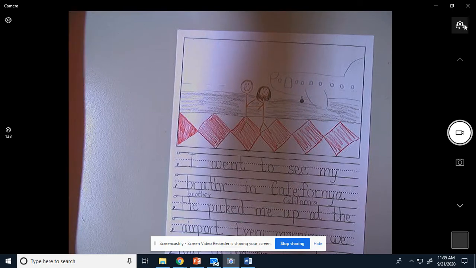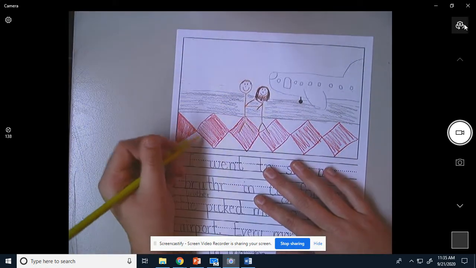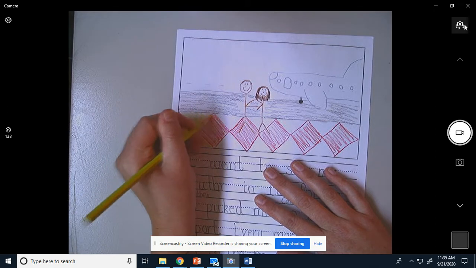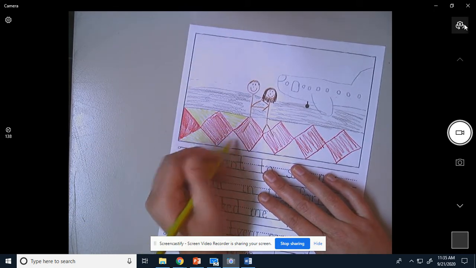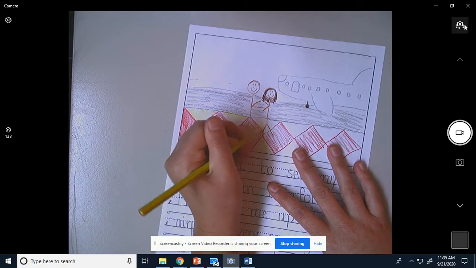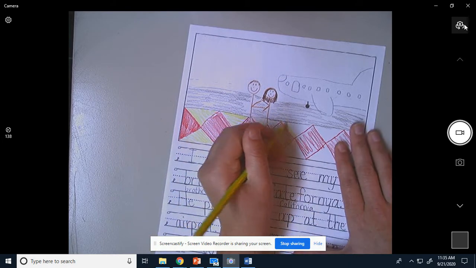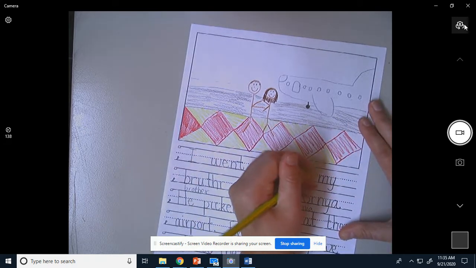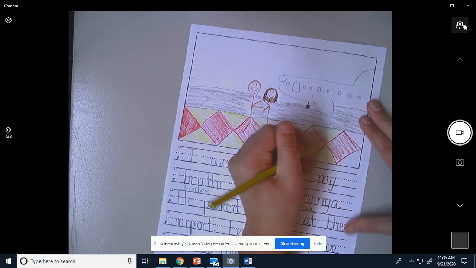I'm going to come in with yellow. And I'm going to finish the floor. And then I think I'm going to add some things in the sky too. And I could add clothes. I could add some more detail to the plane.